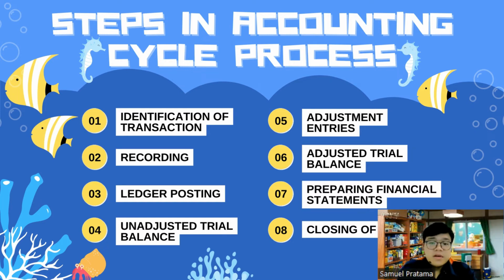The next, fourth, unadjusted trial balance. In this step, you must list all the ledger accounts with closing balance posted from the individual ledger account statement. The format of the trial balance consists of the debit column and credit column in which the closing balance of each ledger account will be posted.